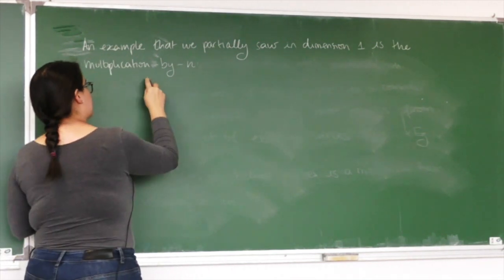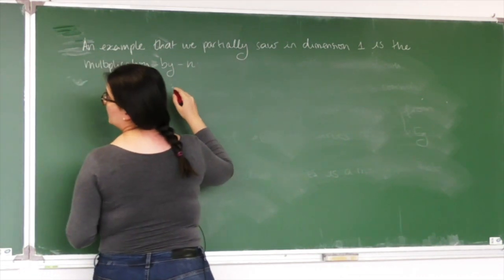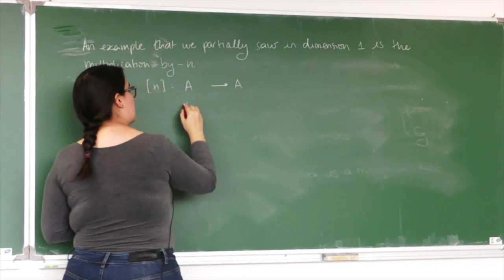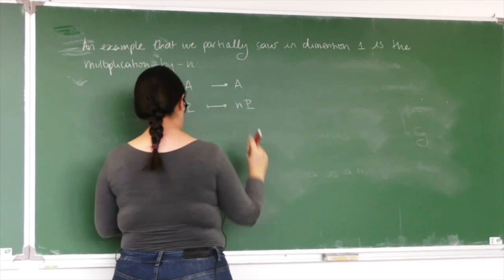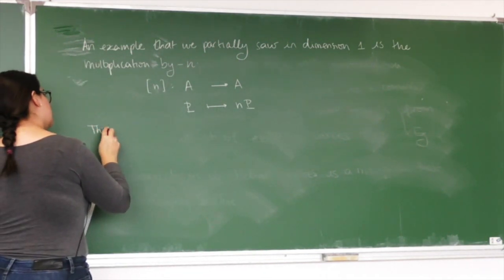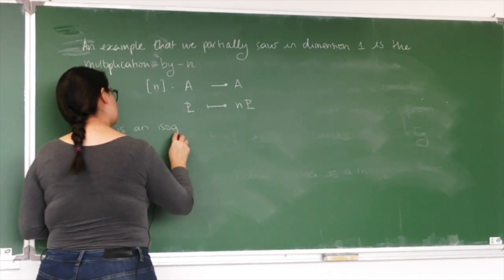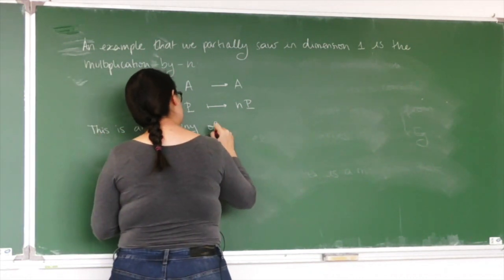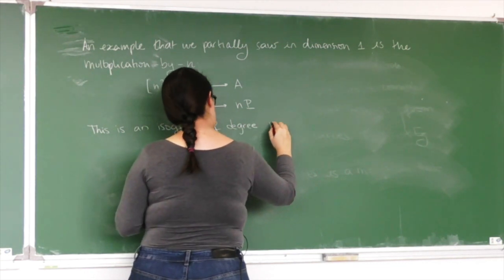Again, we have the same thing. We will write n in brackets that goes from the abelian variety to itself and takes a point P and maps it to n times the point P. And this is an isogeny of degree n to the 2g.